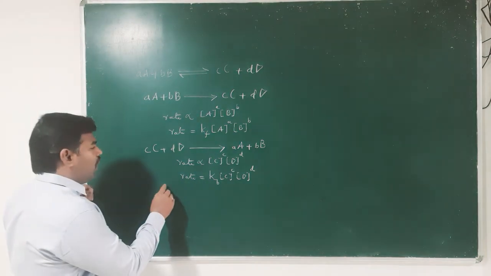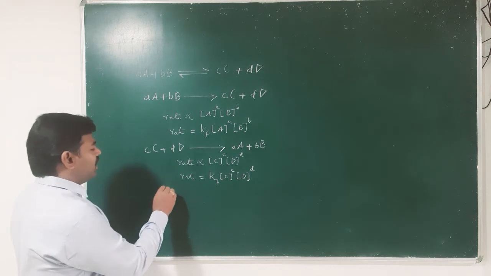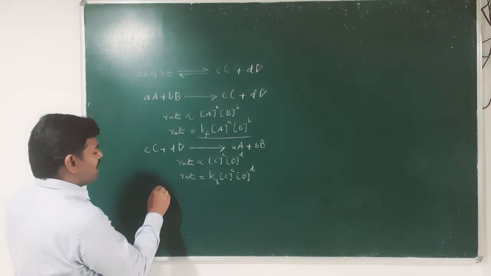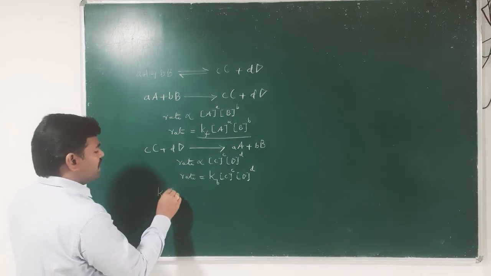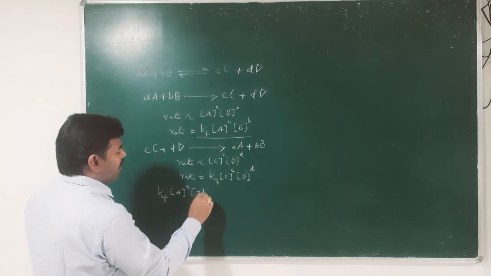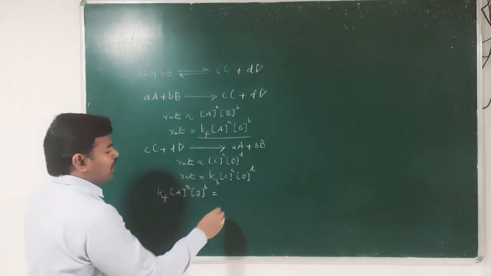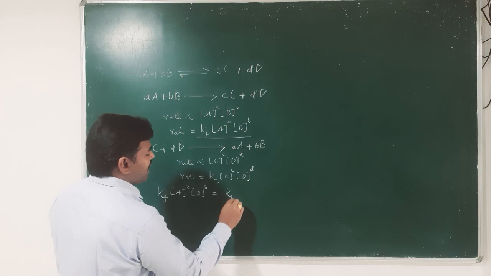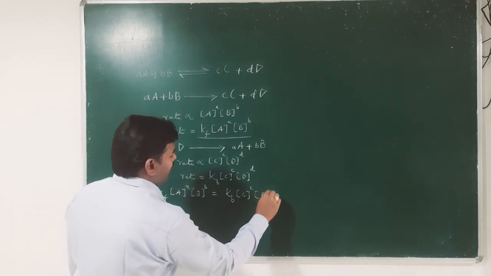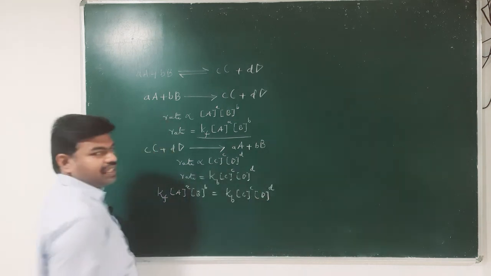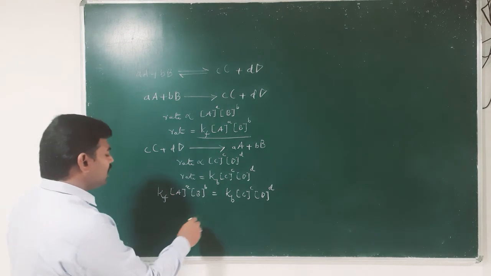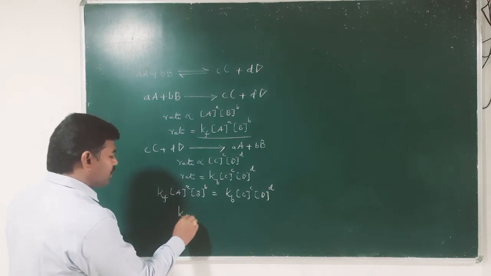So, the rate of the forward reaction, Kf [A]^a [B]^b, is equal to the rate of the backward reaction, that is Kb [C]^c [D]^d. Alright. So, let us take the ratio of Kf, the forward reaction, to Kb, the backward reaction.